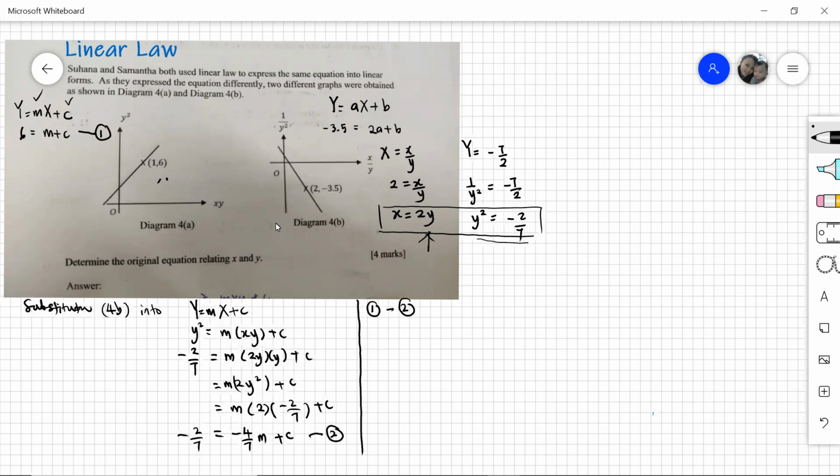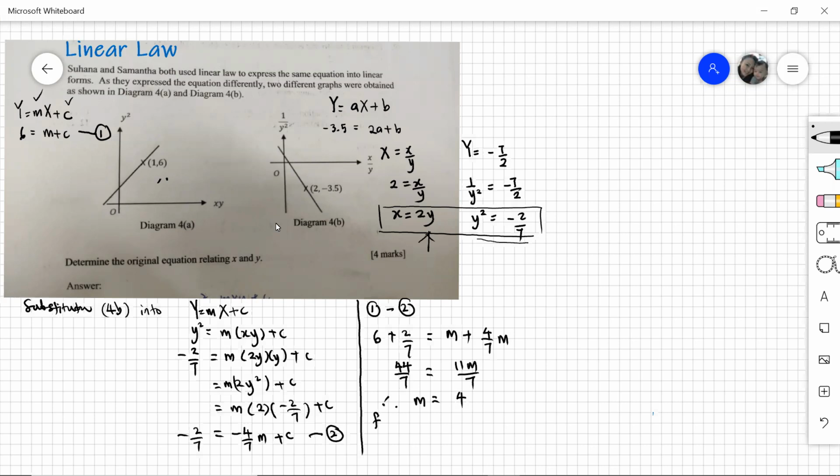That will be 6 minus negative 2 over 7, so plus 2 over 7, equals m minus negative 4 over 7 m, that will be plus 4 over 7 m. And c minus c is eliminated, so we are just left with m. Over here, we will have 44 over 7 equals 7m plus 4m, 11m over 7. Therefore, 11m equals 44, and m equals 4.